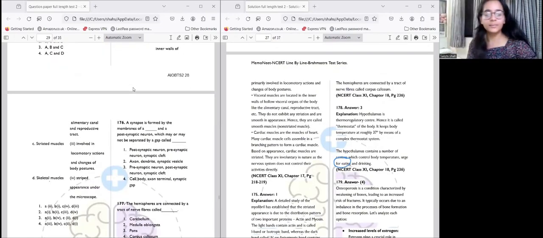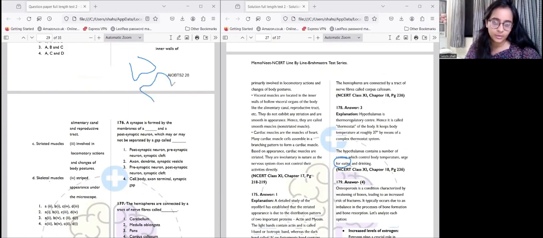A synapse is formed by the membranes of dash and a postsynaptic neuron. Obviously, if it's formed with a postsynaptic neuron, it is supposed to have a presynaptic membrane. Let's see this. Okay, so this part is my synapse, and here are the synaptic vesicles.